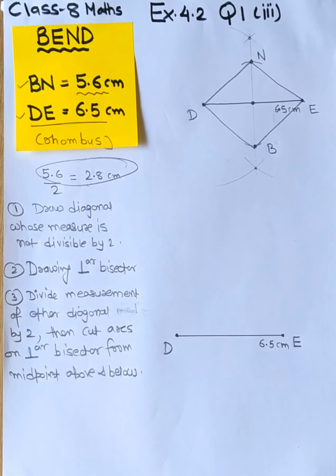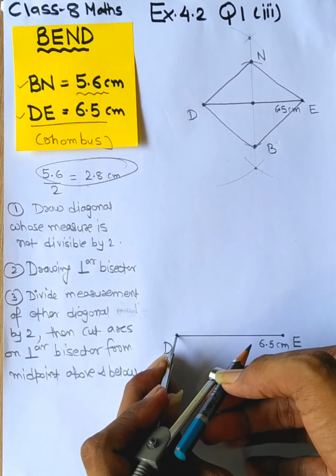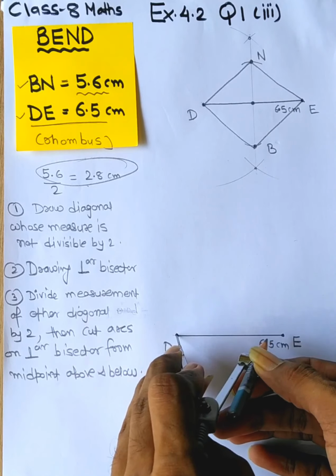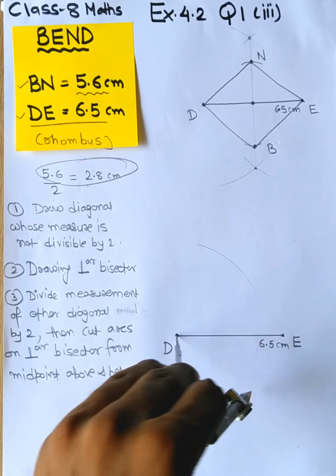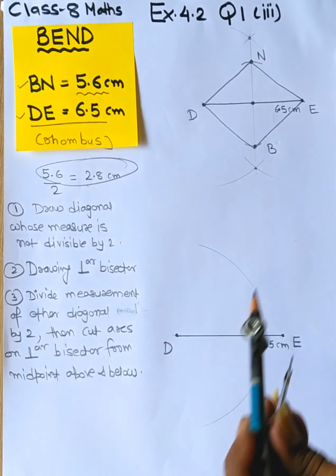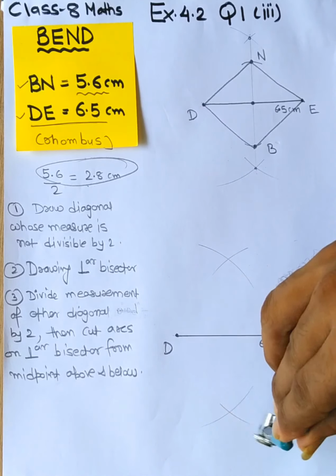Now second step was the perpendicular bisector. So I am taking more than half and I am drawing arcs above and below from both the points that you can see, right?